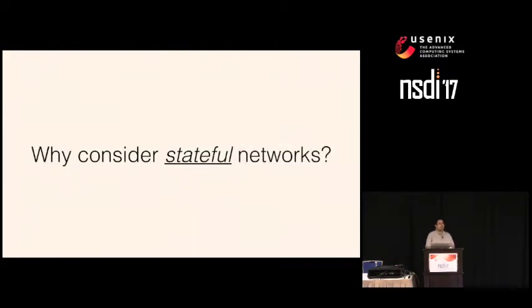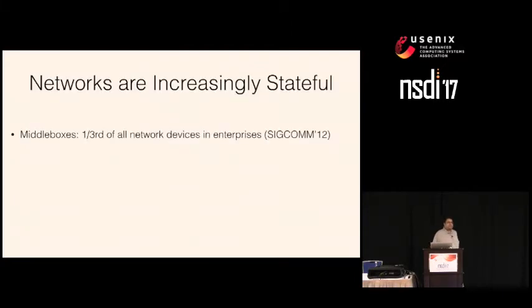We've had a lot of work on network verification which hasn't looked at this because it's been easier when we don't have to deal with the state business. The thing is, middleboxes and other such stateful devices are quite common. So in 2012, a survey found that 1/3 of all network devices in enterprise networks are stateful. So ignoring them seems a bit strange.